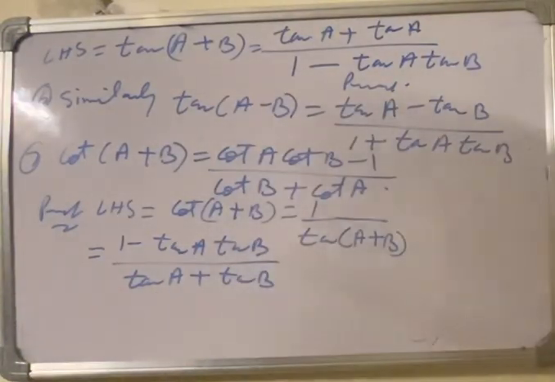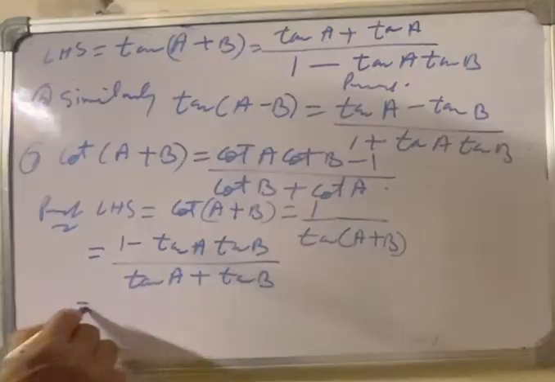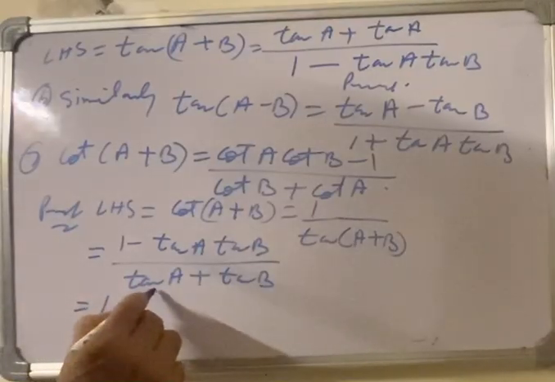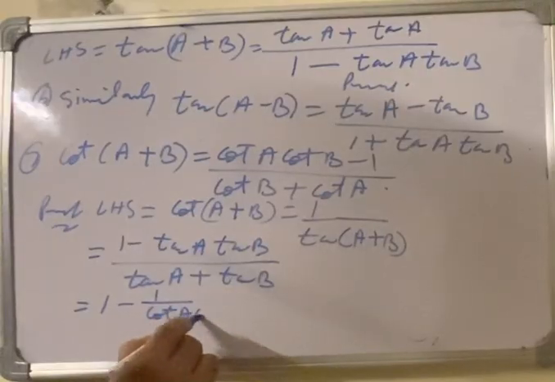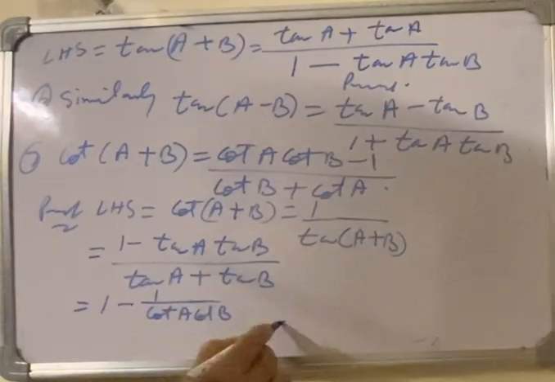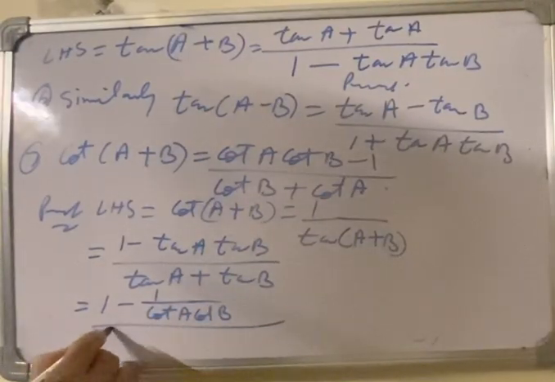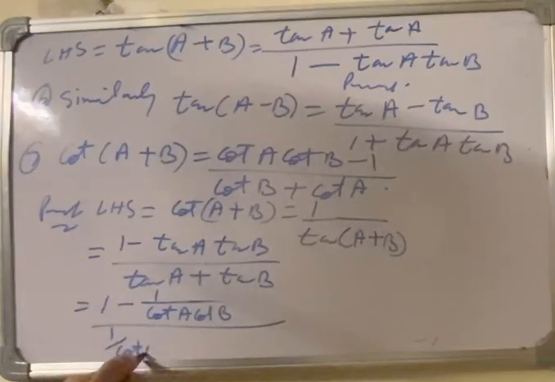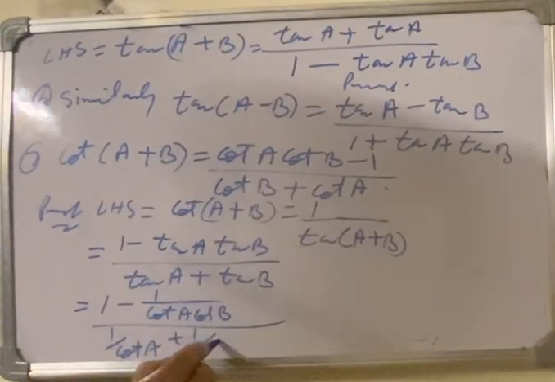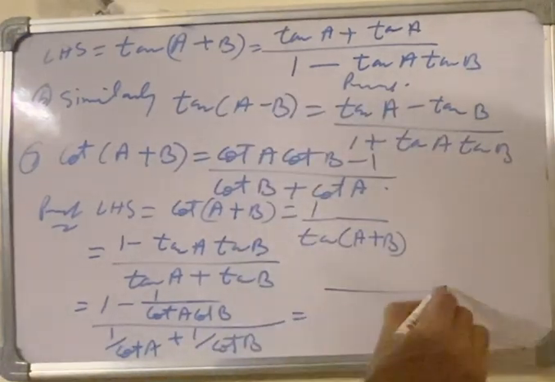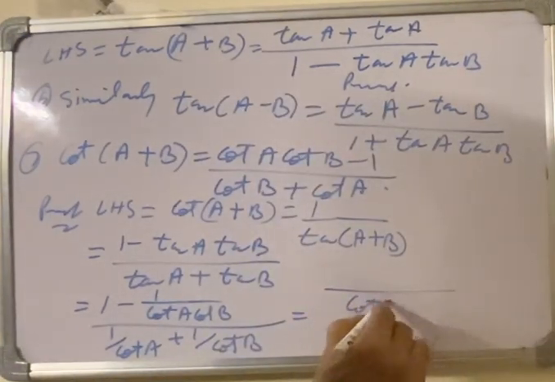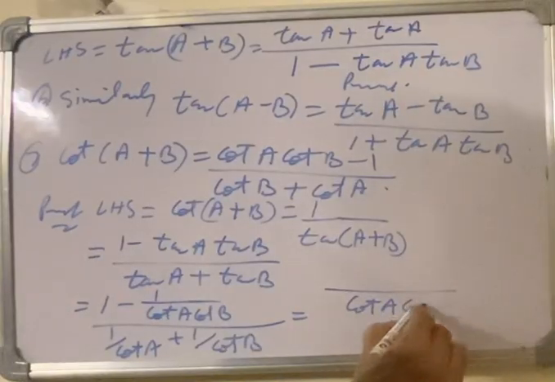Now we convert this into cot: 1 minus 1 over cot A cot B over 1 over cot A plus 1 over cot B. Then we take LCM, cot A cot B in the numerator.